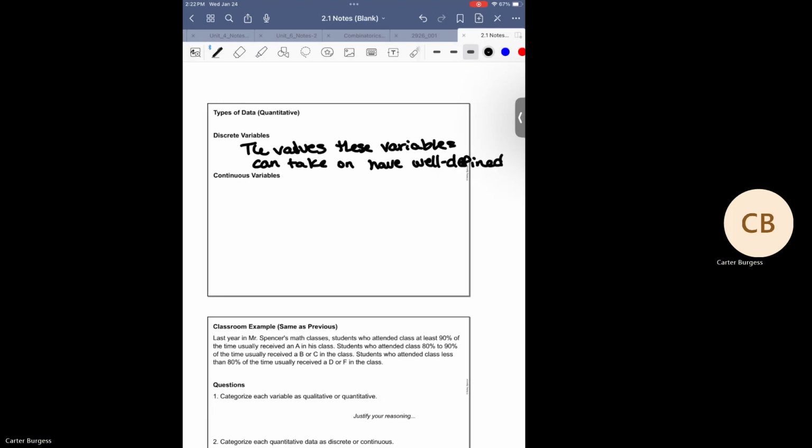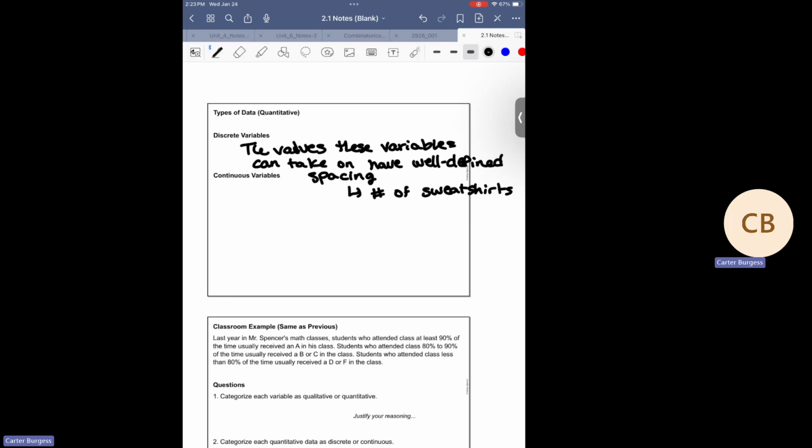Good examples would be number of sweatshirts or other things that we can count. Most often you're going to see this as a count. So for instance, for our Tetris example, the number of blocks would be a discrete variable. You're going to get a whole number of blocks for a particular thing.